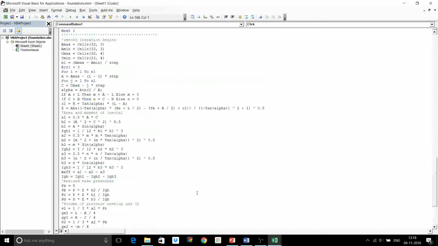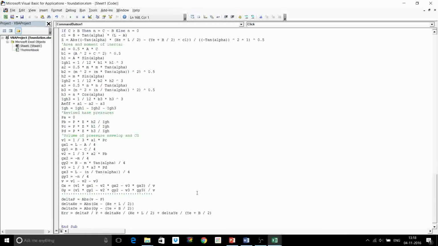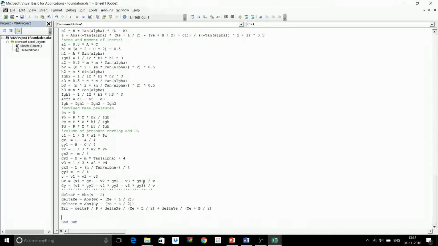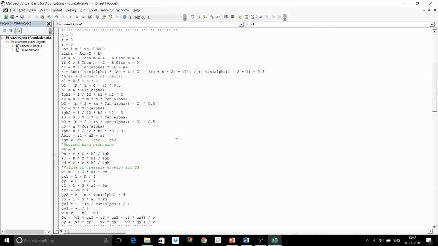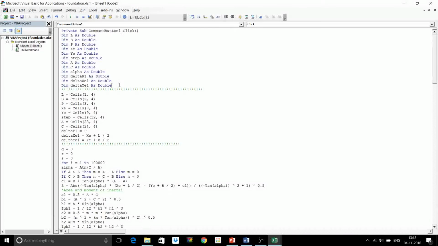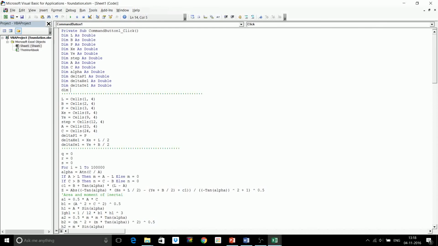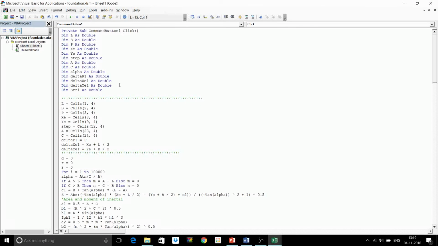That's why I have taken initial error as 3. And don't forget to define this error 1 as double, and the error as double as well.